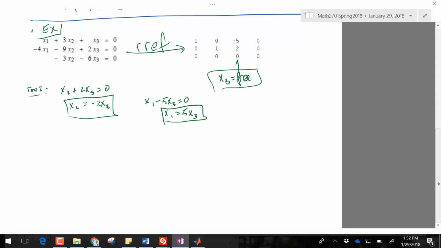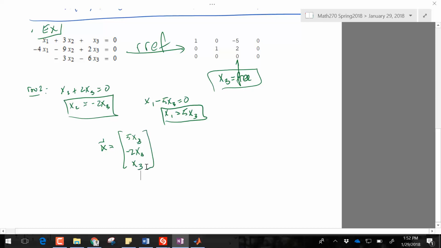So you can write your answer like this, but more often than not, if you have a free variable, I'm going to want you to write it in another form. We're going to write your x as a solution where my first component x1 is 5x3, my second component x2 is negative 2x3, and my third component is free, so I will just write x3.